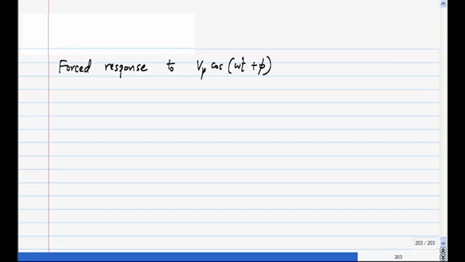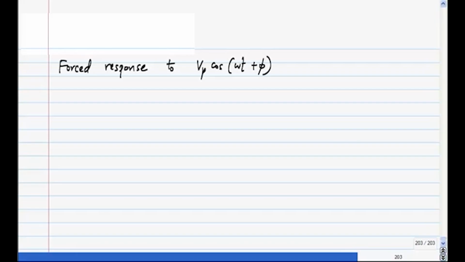So this is the general form we will use. For instance, if the input is sin omega t, we will still think of it as Vp cos(omega t minus pi by 2), just for uniformity. Later we will see that there are lots of shortcuts. We won't go through all these steps that we did, putting the exponential there and doing all those things.